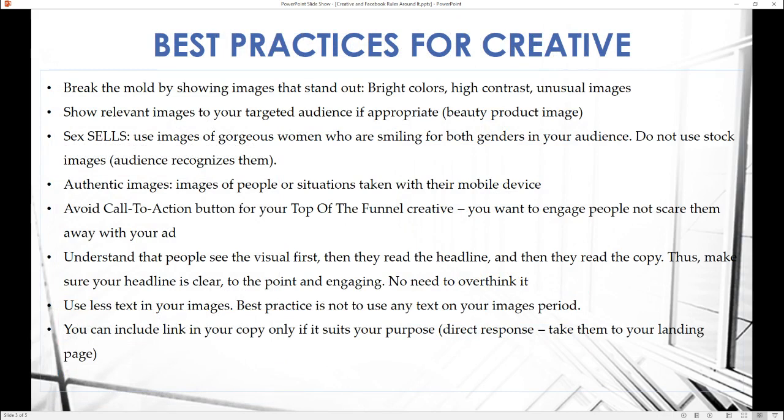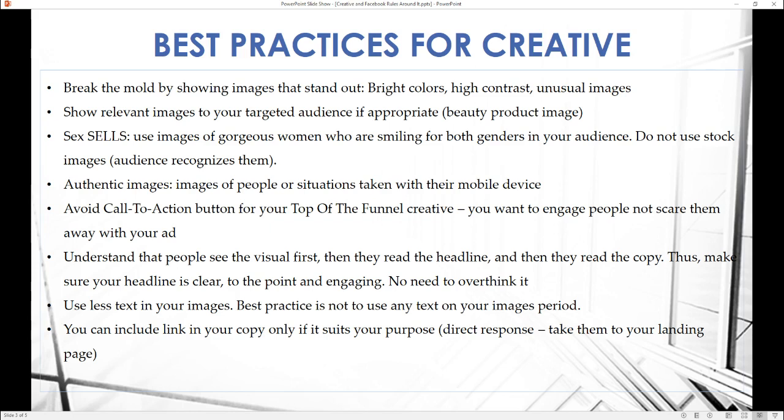So let's jump into talking about best practices for creative. Best practices for creative are usually what will work in most cases. I'm trying to give you the best practices because they have been shown to work the best. That's why they call them best practices.